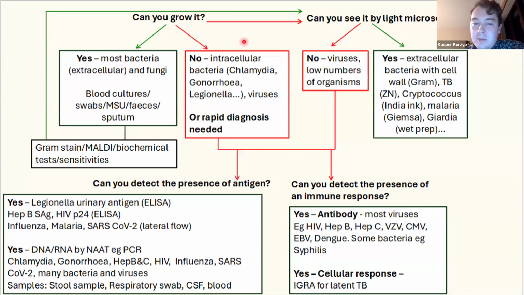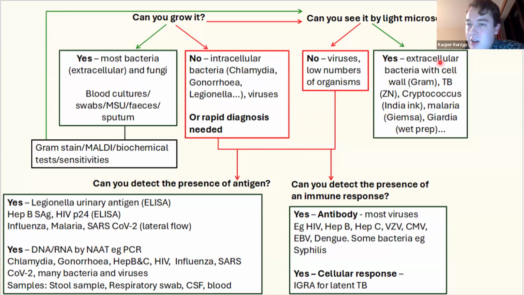If it doesn't grow, or it's something that is not visible on microscope, you can do different tests, such as trying to detect immune response, such as antibodies, cellular response, or you can detect the presence of antigen, which is essentially a characteristic molecule on your pathogen, with things such as ELISA, lateral flow tests, or your PCR.